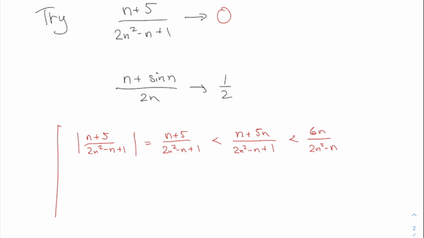Change this. I would replace the top with something that you know is definitely bigger, like any number bigger, because you want to make this fraction greater or equal.